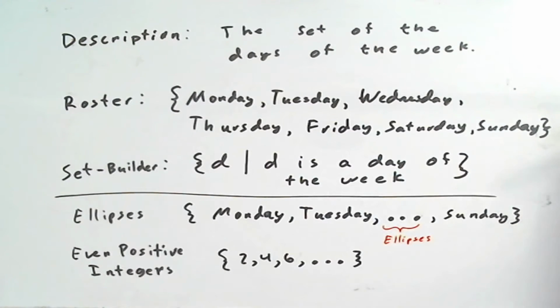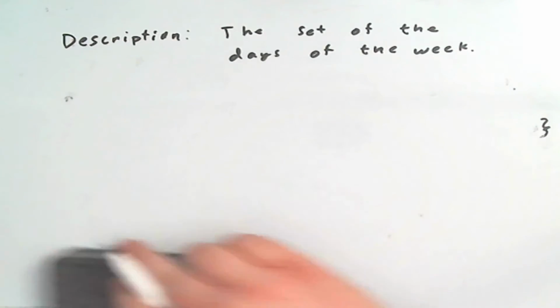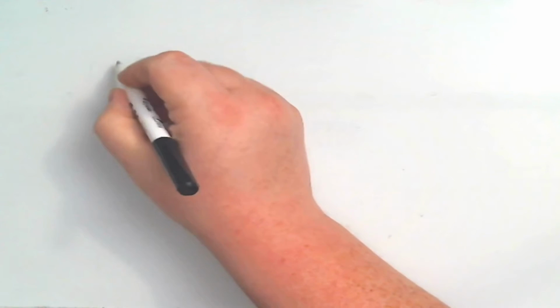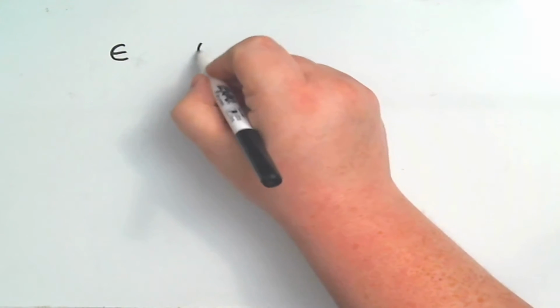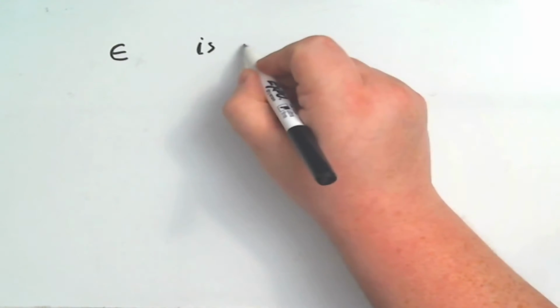Another common notation that we have is when we're talking about the elements, whether an element is contained in a particular set. So for example, we use this symbol, this little E-looking symbol, okay? And this symbol is read "is an element of."